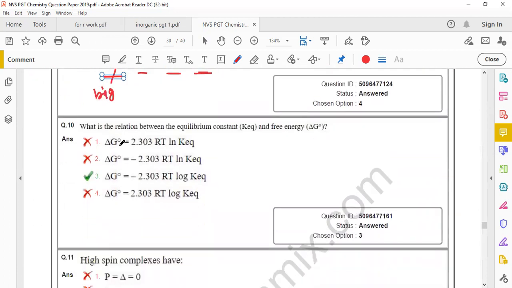Next question, what is the relation between the equilibrium constant Keq and free energy? So here we need to tell about the relation between free energy and the equilibrium constant.